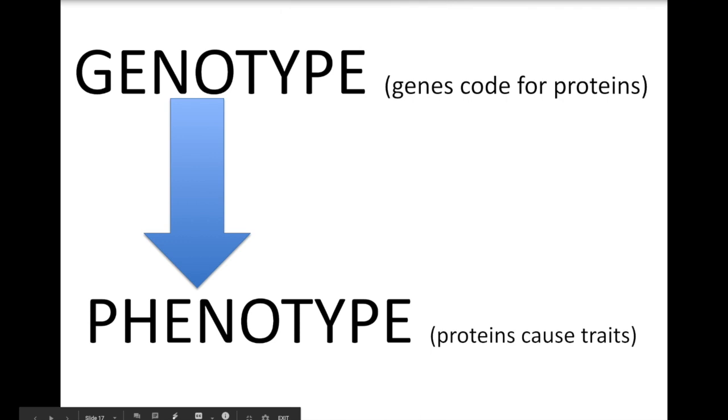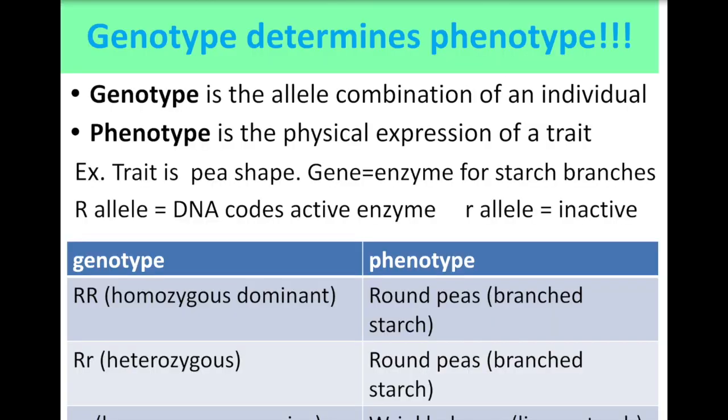Okay, so we're going to look at pedigrees today. The genotypes go to phenotypes, right? A reminder that genotypes are the letters, and the phenotype is the physical expression of the trait.